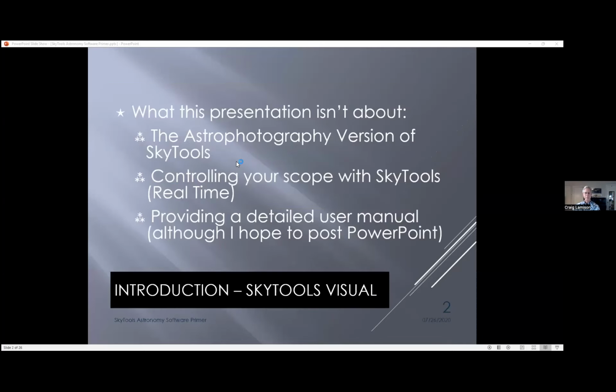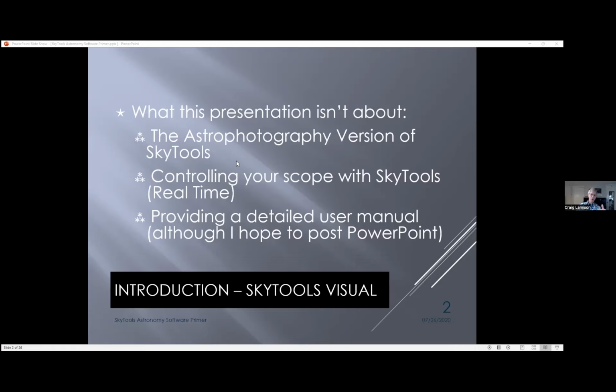As Debbie said, SkyTools comes in a variety of versions. This is Windows software, and I'm not going to talk about all of them. There's one that's just for astrophotography. I don't have that one. There's another one for controlling your scope in real time.